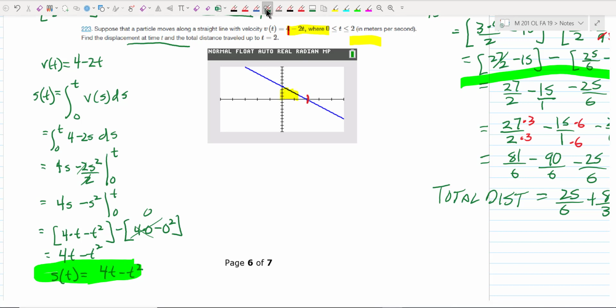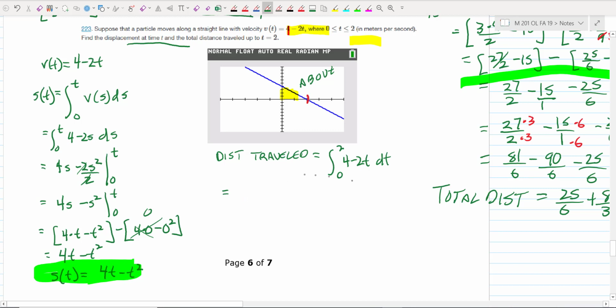Okay, we've already done the antiderivative, so what we could really do to find this distance traveled is you could do it one of two ways. So you could go like this. You could do the integral of 4 minus 2t dt from 0 to 2, and you wouldn't do absolute value because that area is already above the x-axis. So we've already got the antiderivative on that when we did that.